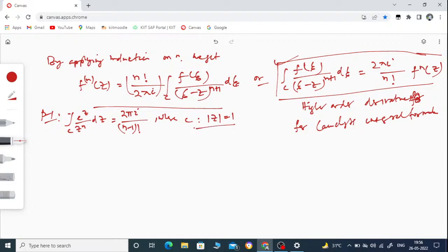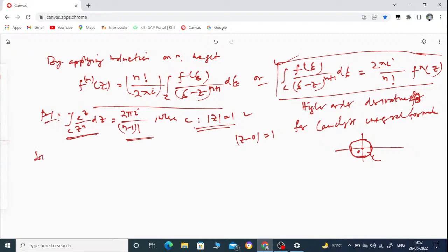Mod z equal to 1 means mod of z minus 0 equals 1, that means its center is the origin and radius is 1. This is my curve C, and you have to solve this integral.